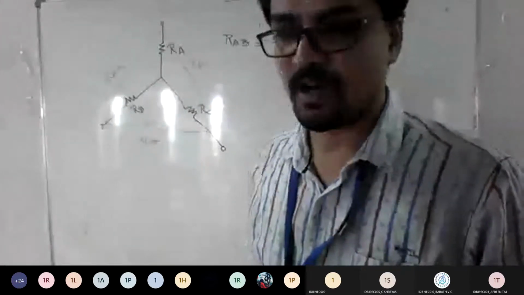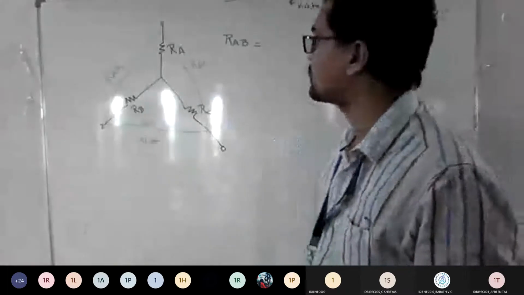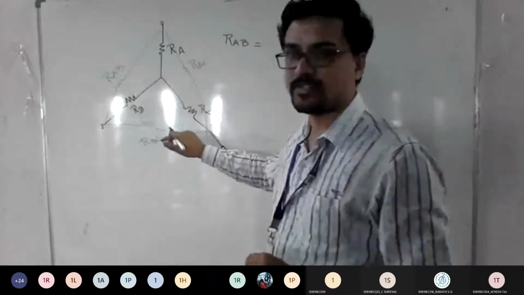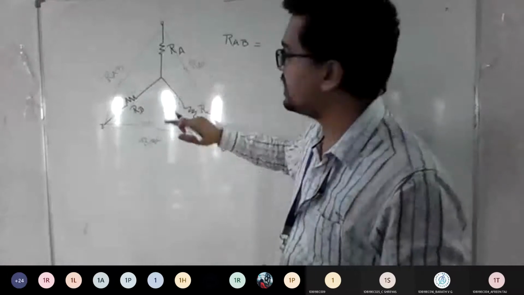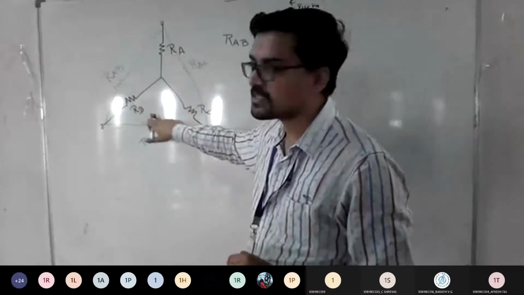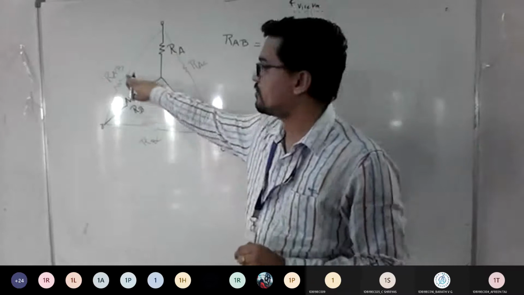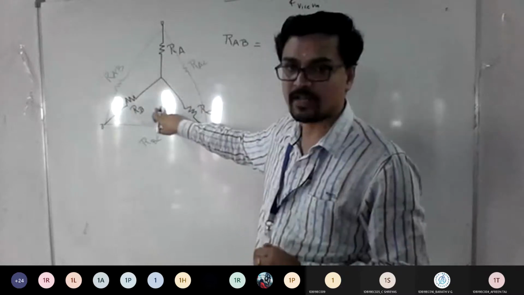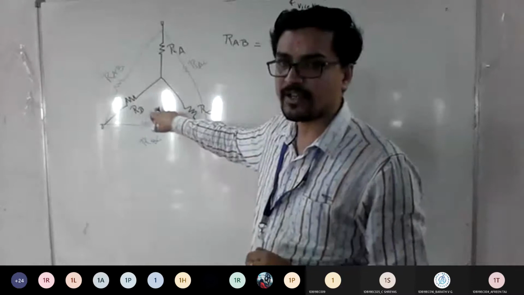Now the numerator becomes constant. I'll just repeat. If you want to get RAB, instead of doing multiplication, you should do addition. Means RA plus RB. I'll repeat. If you want RAB, you need to do RA plus RB plus RA into RB.